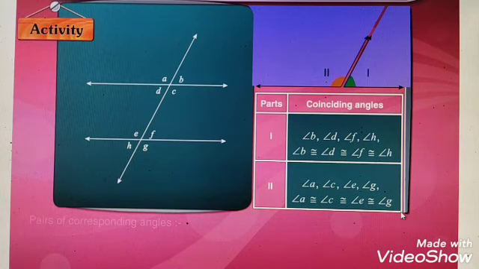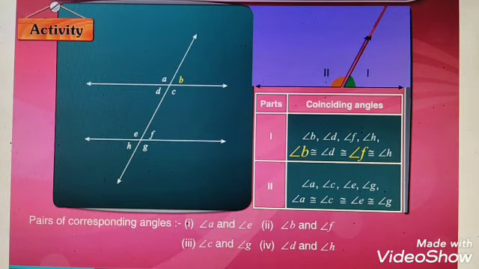Now let's find the pairs of corresponding angles. Here you can see angle A is congruent to angle E, and we are skipping one angle in between A and E. That means A and E are corresponding angles. Here B and F will be corresponding angles.